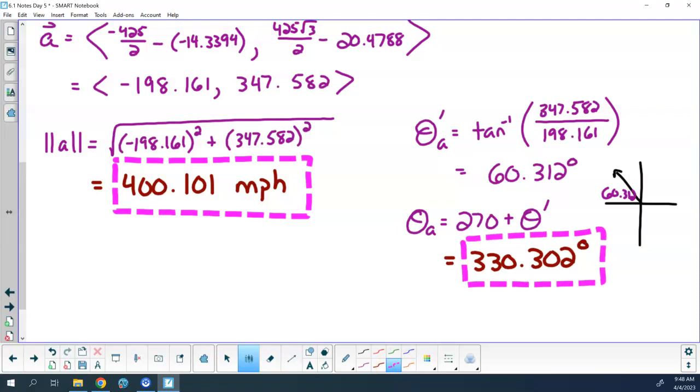I get that the pilot needs to set the bearing at 330.302 degrees at a speed of 400.101 miles per hour.